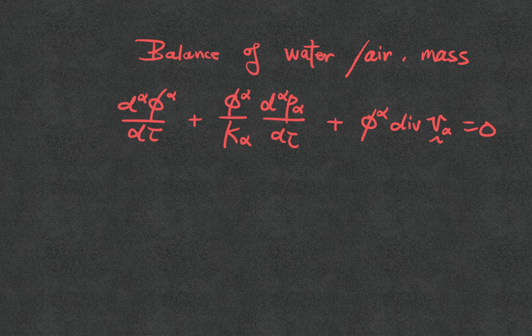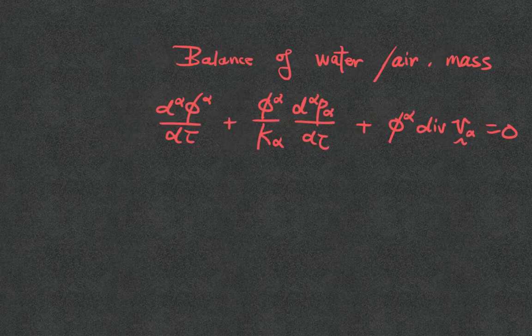And then we realize that in the first term, if you remember from the very beginning of the lecture, we only want to keep one type of derivative for convenience, and that is the solid time derivative.